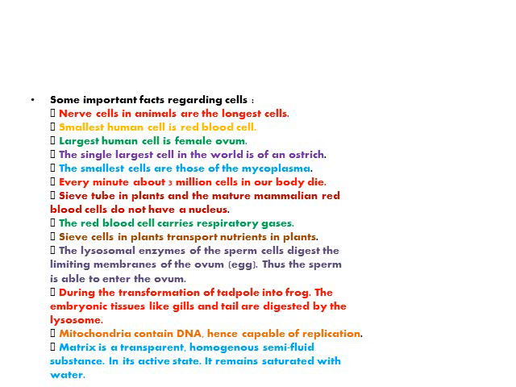The single largest cell in the world is of an ostrich. The smallest cells are those of the mycoplasma. Every minute, about 3 million cells in our body die. Sieve tube in plants and the mature mammalian red blood cells do not have a nucleus.